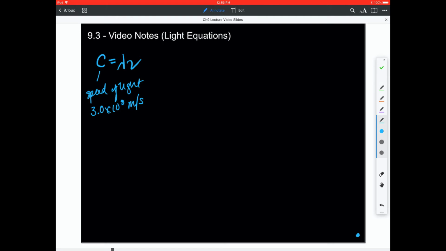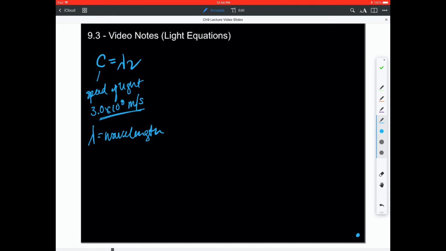And then we have lambda, which is wavelength. Now, c is a constant. That is the speed at which all electromagnetic radiation moves through space. So space means what kind of environment are we talking about?